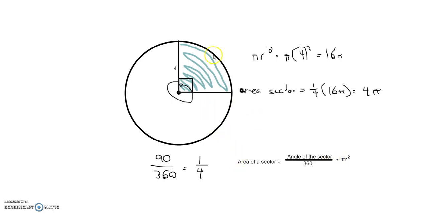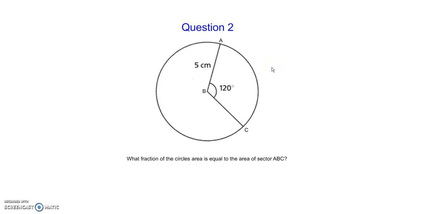So again, the area of one specific sector is the angle that makes up that sector over 360 degrees times pi r squared, the area of the total circle. If this doesn't make sense to you right now, maybe just rewatch this segment again and it should clear it all up.